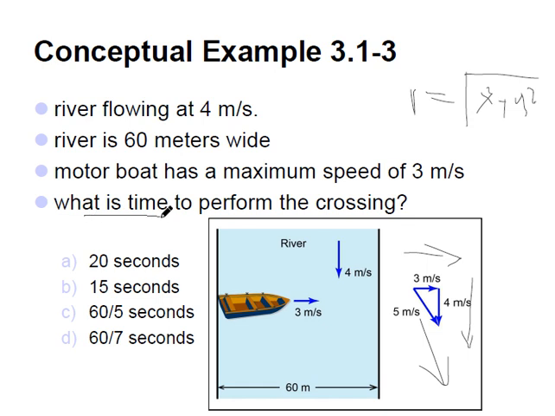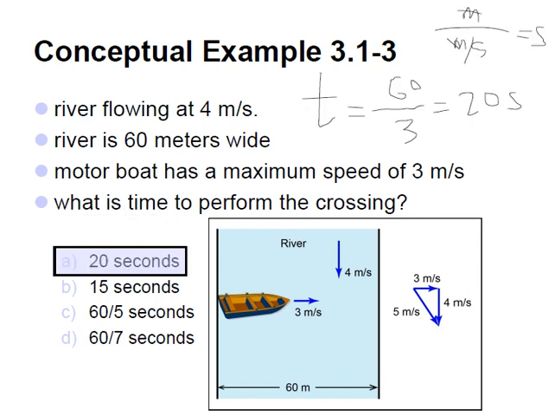So now we have to find the time to perform the crossing. For the choices given to you here, we have 20 seconds, 15 seconds, 60 by 5 seconds, and 60 by 7 seconds. Your task is to choose the best option.